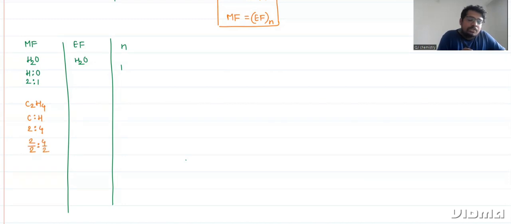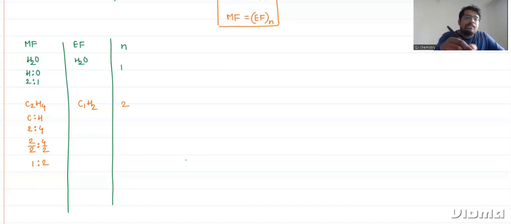In simplified form, the ratio of carbon to hydrogen is 1 is to 2. So its empirical formula is CH2. Now, what is the relation between the empirical formula of ethene and its molecular formula? If we multiply the empirical formula by 2, then we will get its molecular formula, right?